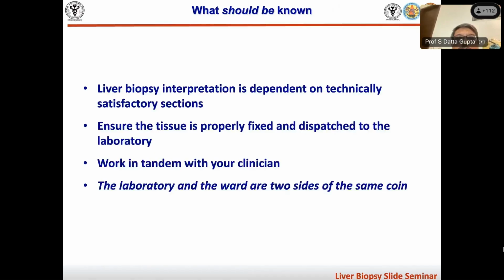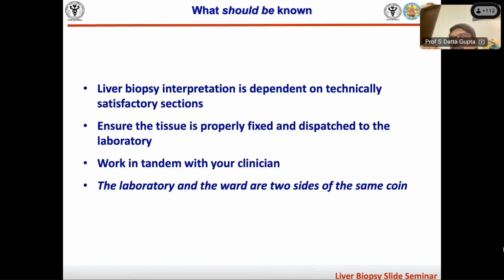So now the liver biopsy interpretation is dependent on technically satisfactory sections. Tissues should be properly fixed, and please work with your clinician always, because there's a lot of clinico-pathological correlation to be done in non-neoplastic diseases of the liver.